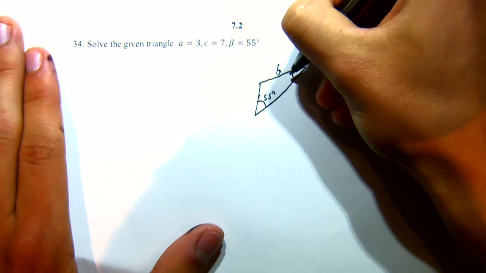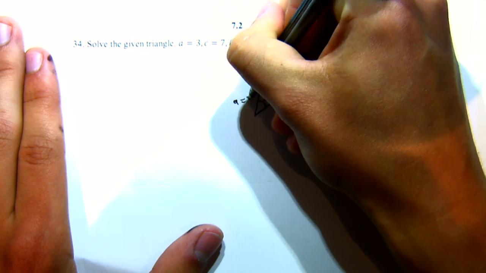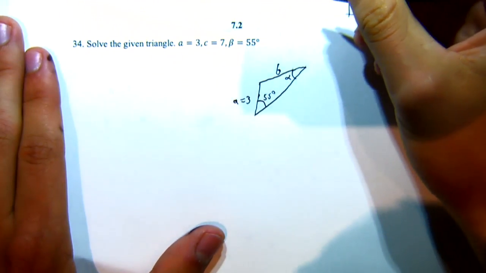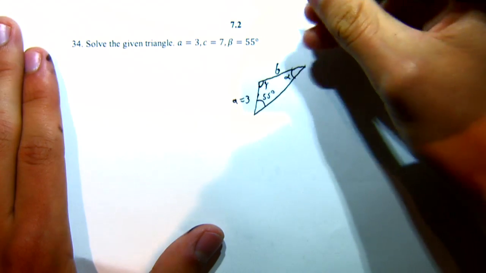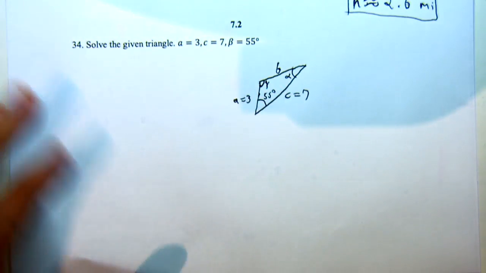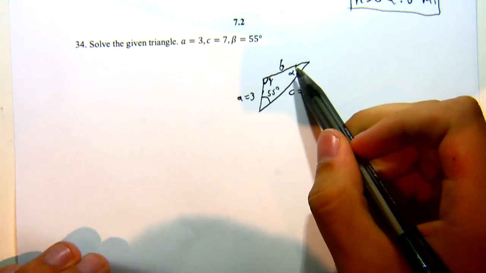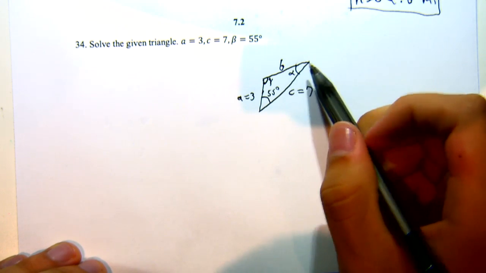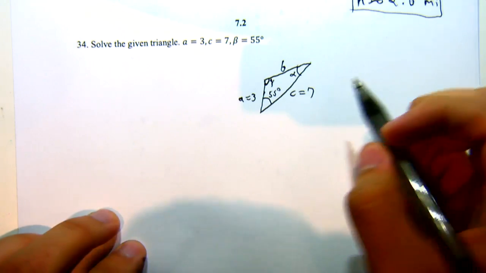So I'll say this is alpha. And then I'll say this is gamma. So something like that, just to get a visual. So we can use this to find b, since we have this side, this angle, and this side. So we can use the law of cosines.